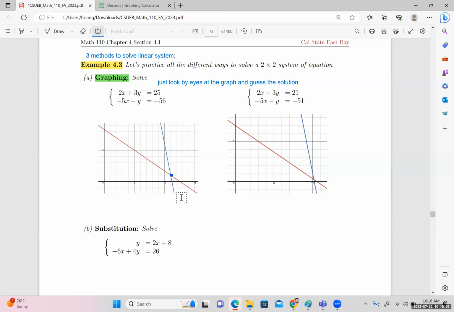As you can see, we have the first one, part A. This system has two lines with an intersection point at, we'll say, (11, 1).